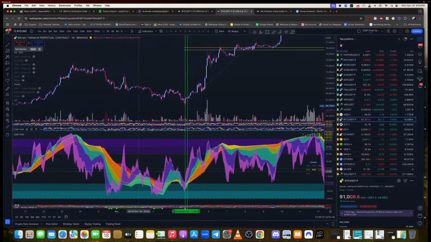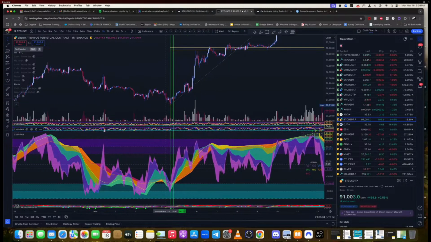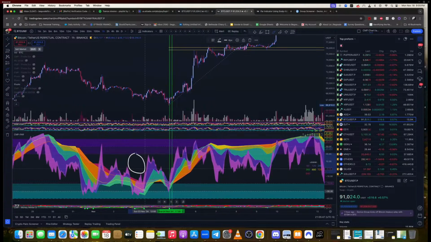So you want to wait till they're all together and you have a big gap in the chart, and I'll point that out to you guys. All right, so here is a gap, right? And what you have here is another gap, and that created a bull div on the entire ribbon.